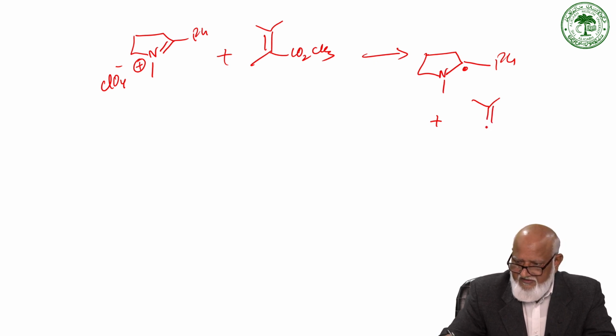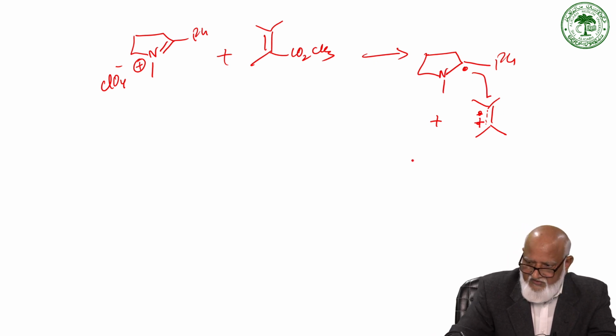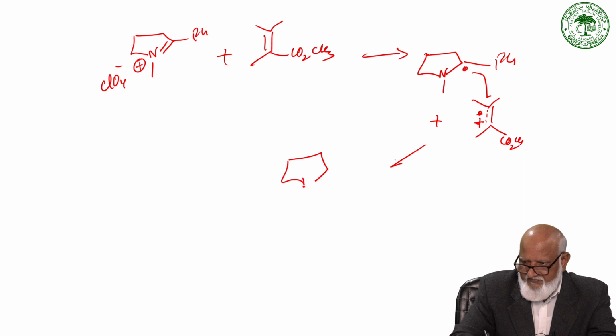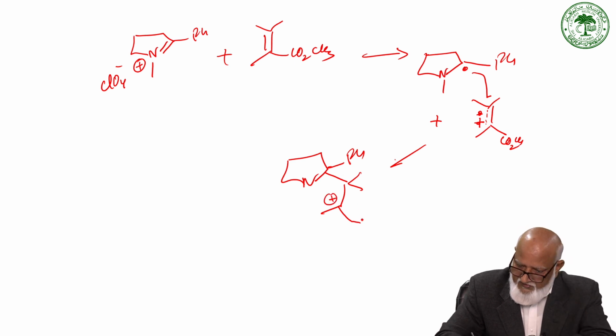Of course there is a cation here. This may add in this fashion to give this COCH3, to give a product like this, pH, a positive charge here, CO2CH3.